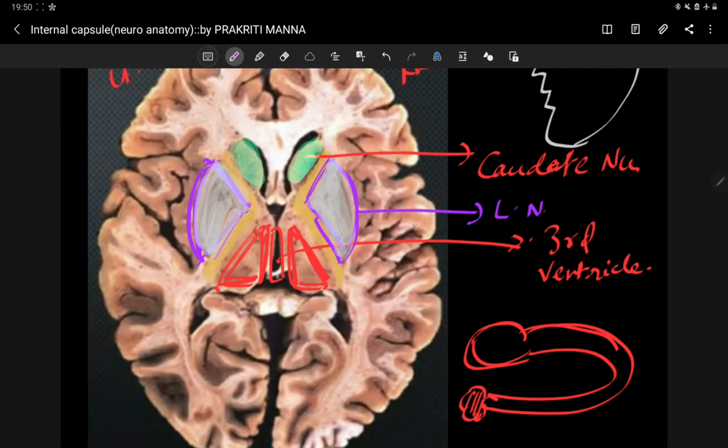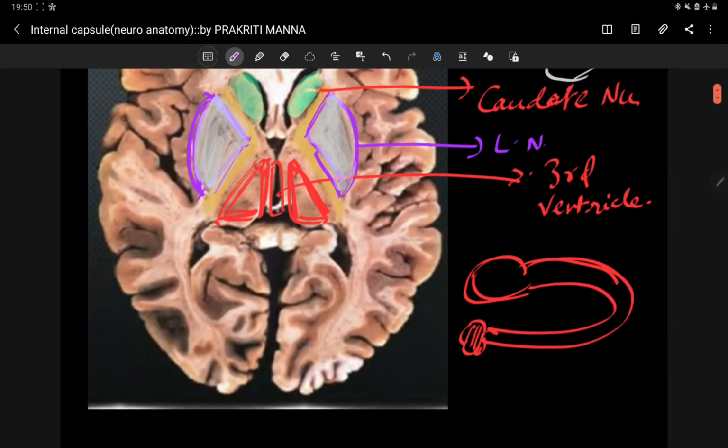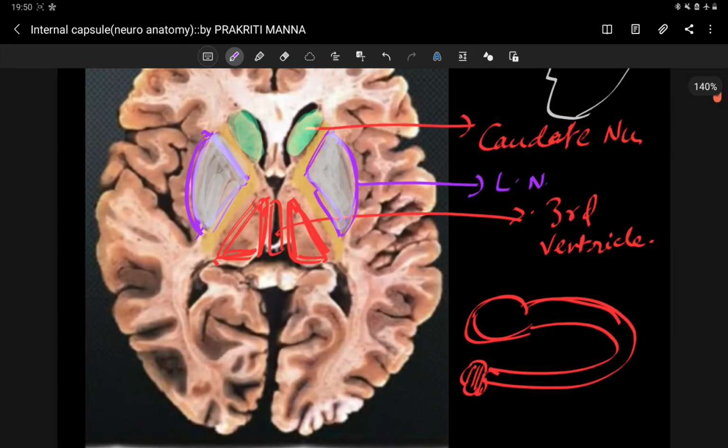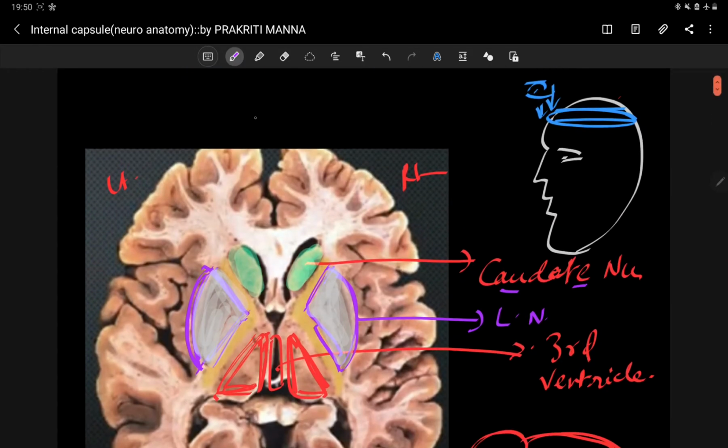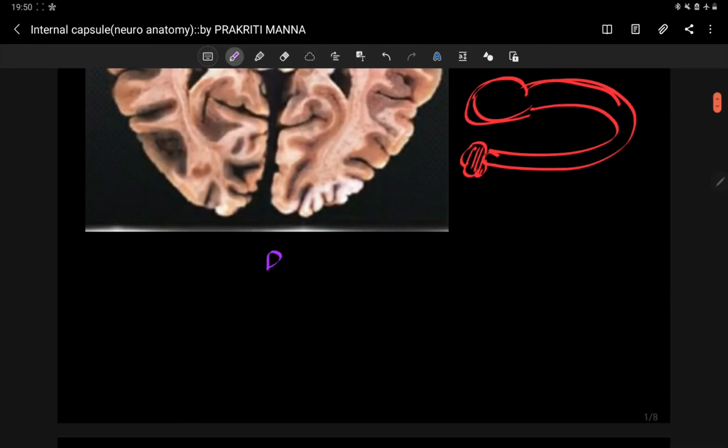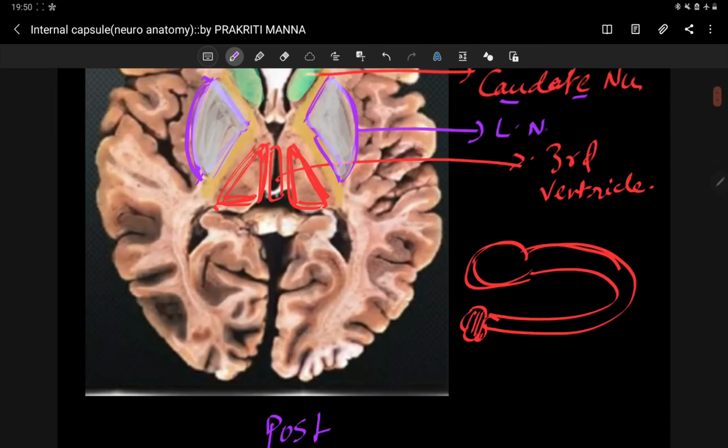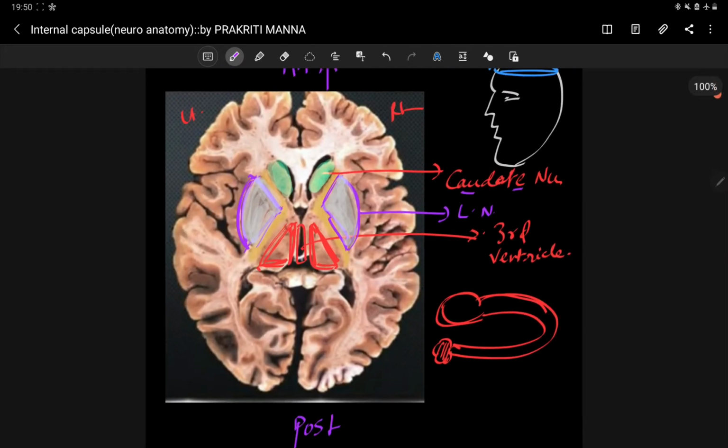All right. So here we can see the superior view of the brain. First of all, this is the anterior direction, and this is the posterior direction of this diagram. Obviously the midline is passing through this, and the structures closely related to the midline are called medial, and those away from the midline are called lateral.